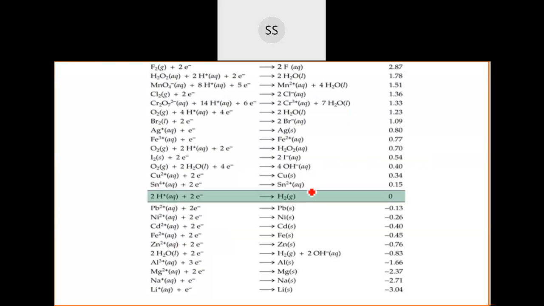Now next, from this part, usually they ask a 1 mark question. They will give you a few values and ask which is the strongest oxidizing or reducing agent.